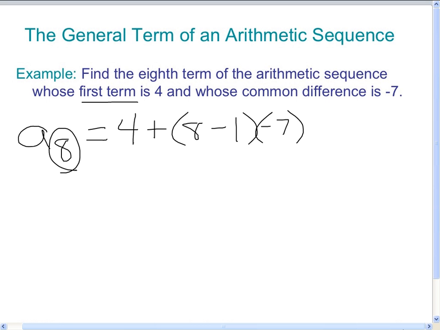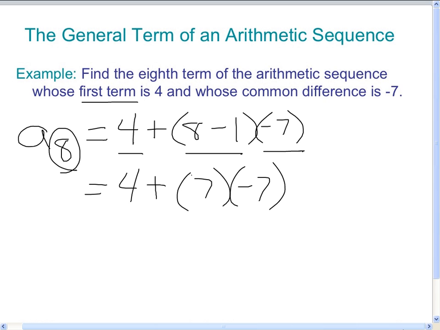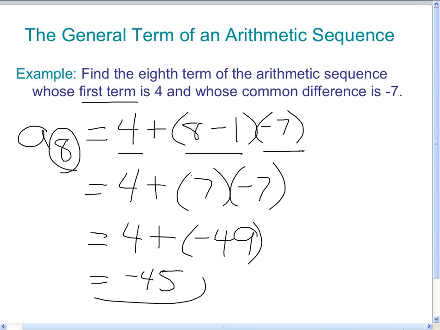So a sub 1, n minus 1, d. And I calculate what that is. Remember, with order of operations, you do what's inside the parentheses first. You multiply before you add. And the eighth term is going to be -45.